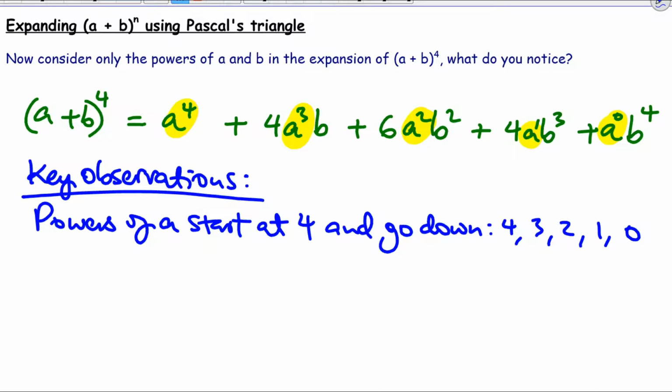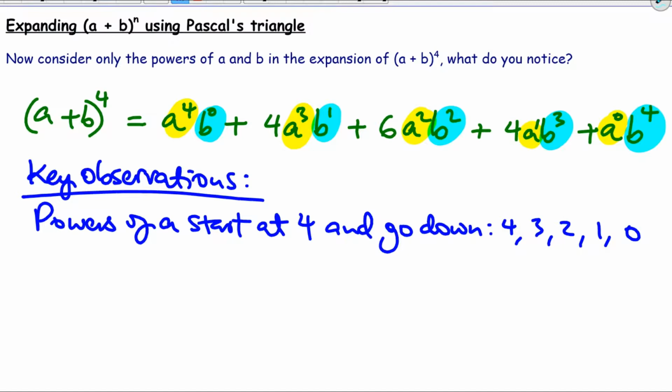Let's look at the powers of b. Now, for the powers of b, we have powers of b going up. So we have b^0, b^1, b^2, b^3, and b^4. If I use a highlighter, you have b^0, b^1, b^2, b^3, and b^4.